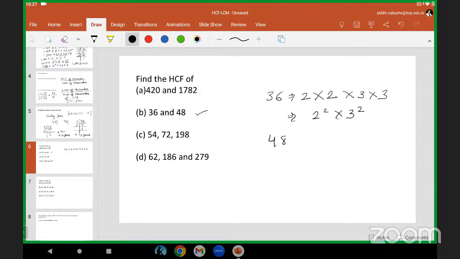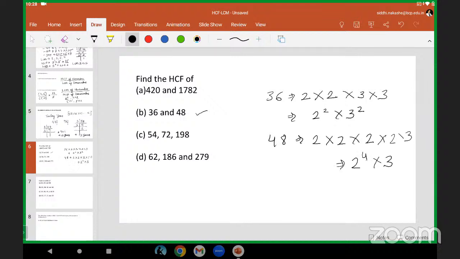And similarly, for 48, it is 2 into 2, that is 4, into 2, into 2, into 3. This is nothing but 2 raised to 4 into 3.